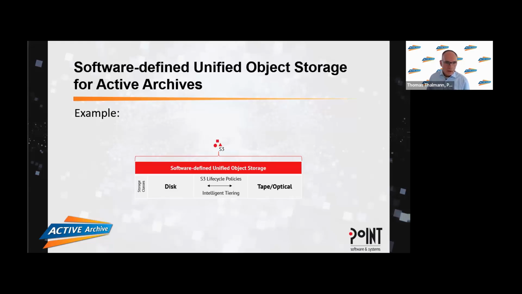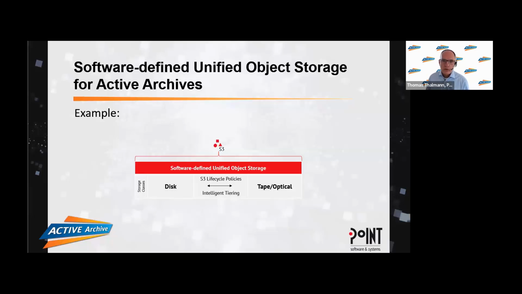And if the software-defined object storage is able to support different technologies under one single namespace, so to have one API, and under this API we have different technologies like disk and tape and also optical in future, then we can benefit from the advantages of different technologies without handling all these different capabilities.